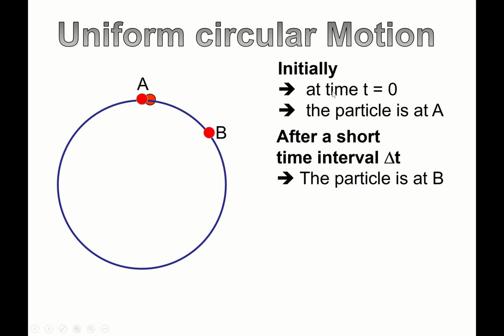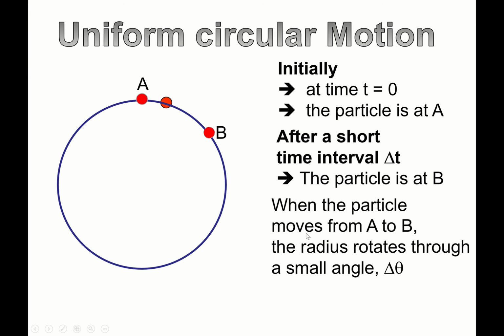Initially, at time t equals 0, let's say the particle is at A. After a short time interval, delta t, the particle is at B. When the particle moves from A to B, the radius rotates through a small angle, delta theta.